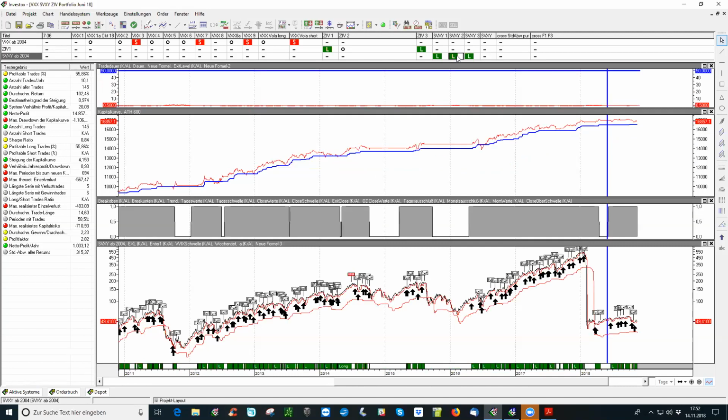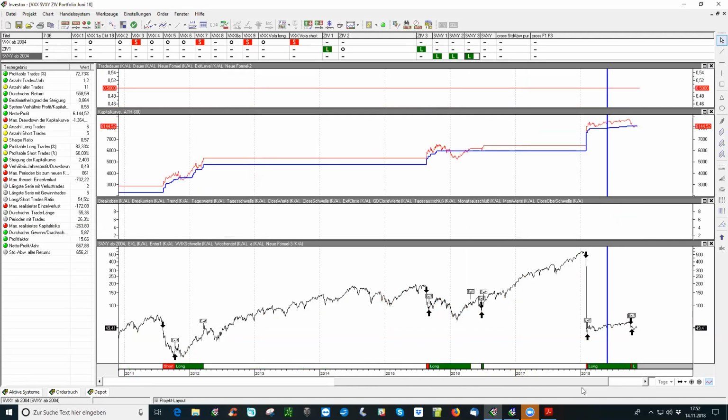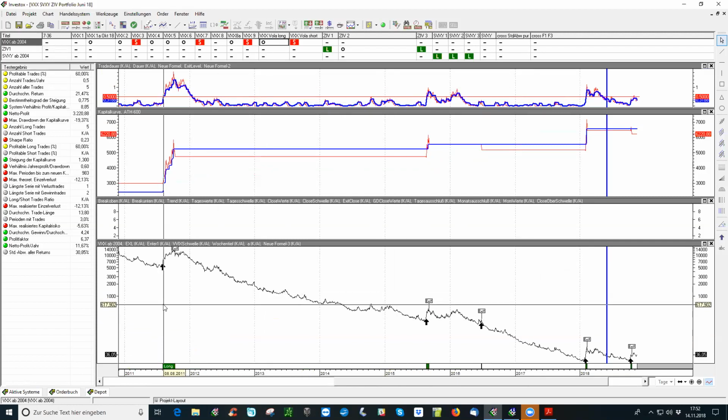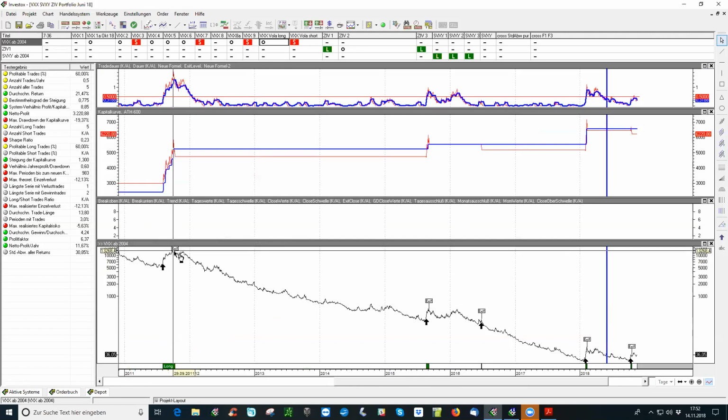And this is only one system. The other system is only doing shorter trades in the SVXY. They always go to a new all-time high, and then it's finished. And this system is like this system here. Here you see these are the very high volatility eruptions. And here it's going long, here it's a turning point.